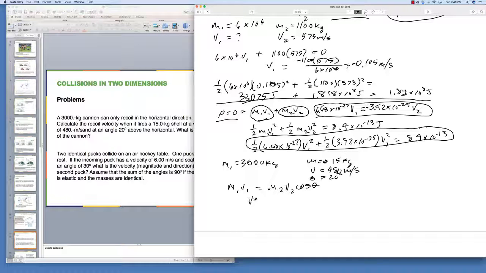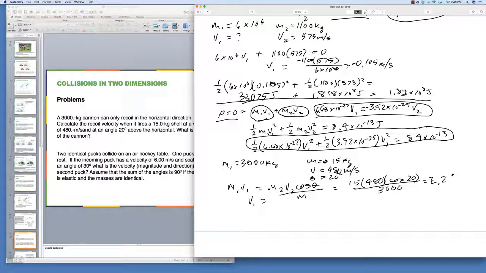So this is going to be 15 times 480 times cosine of 20 degrees divided by 3,000, and that's going to equal 2.255 meters per second.